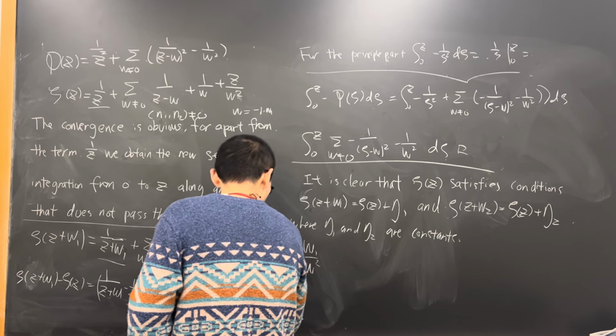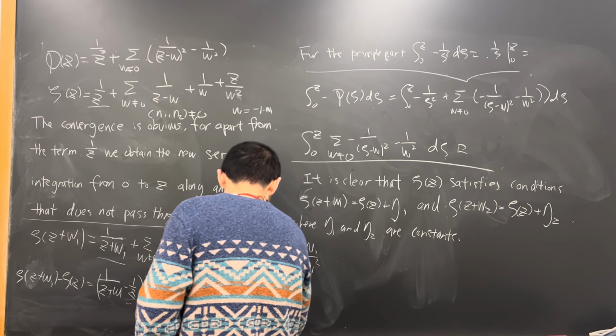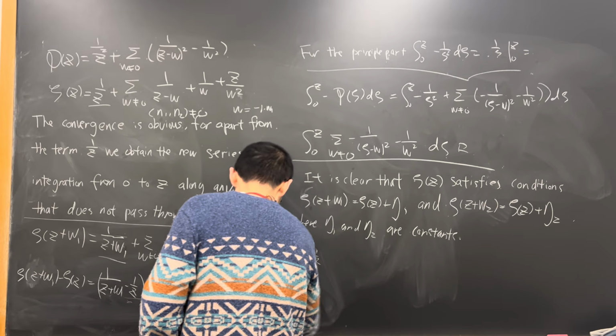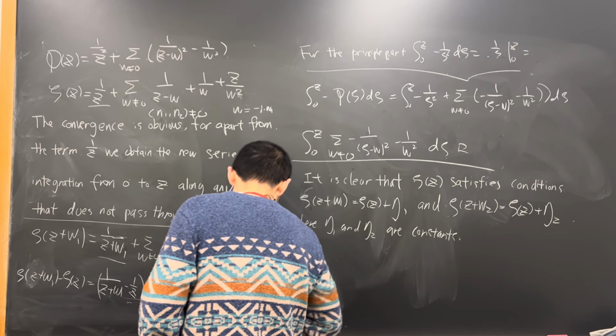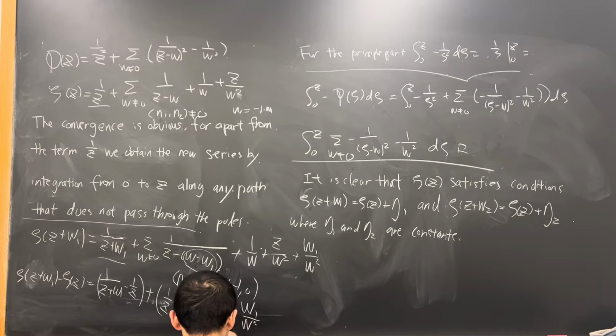And then it just becomes omega 1 over omega squared. Oh, sorry, take the sum. Plus, we take the sum over omega not equal to 0.